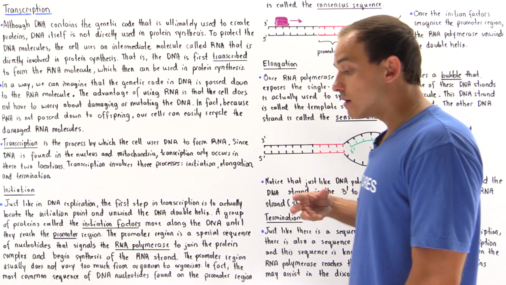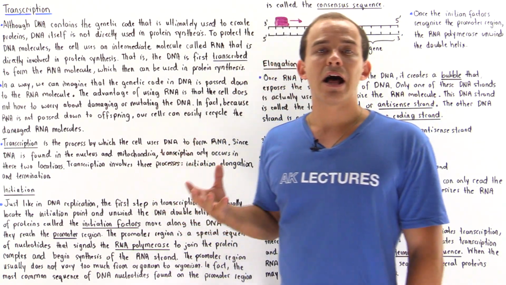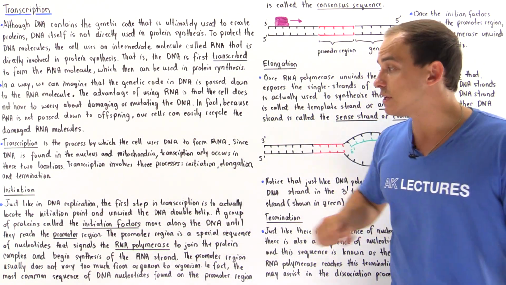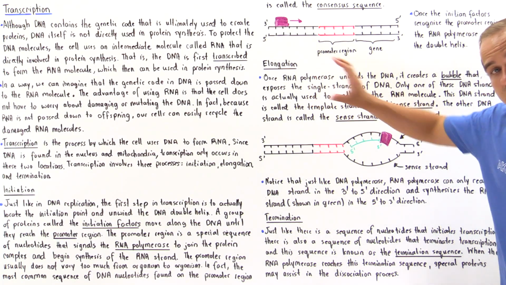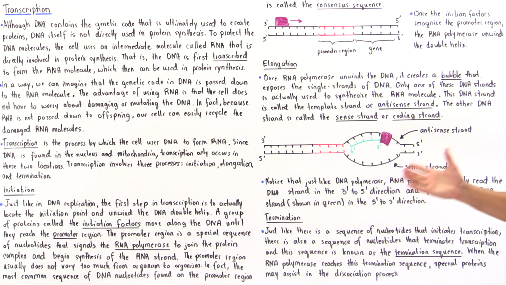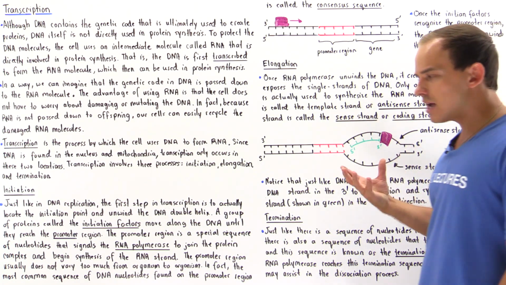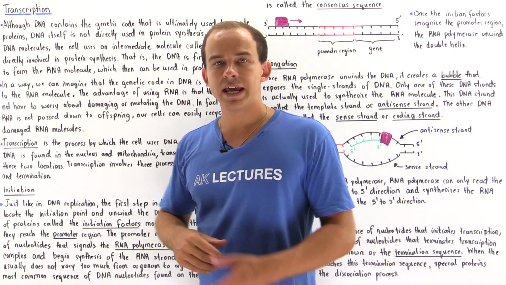Now, the process of transcription can be broken down into 3 stages. We have initiation, we have elongation, and we also have termination. So let's begin by discussing what initiation is.